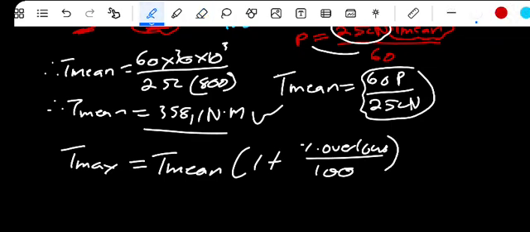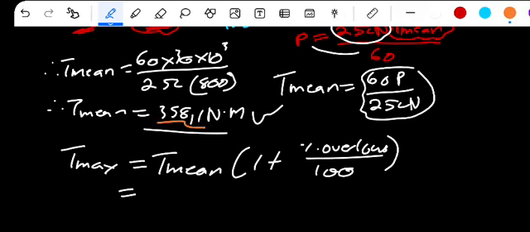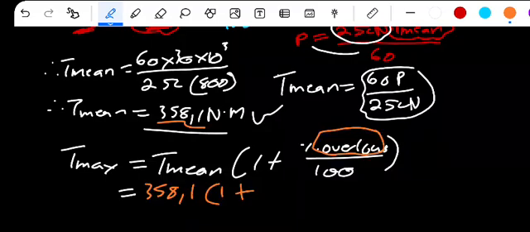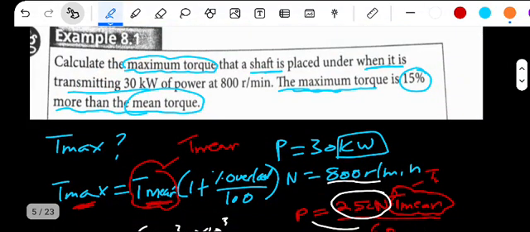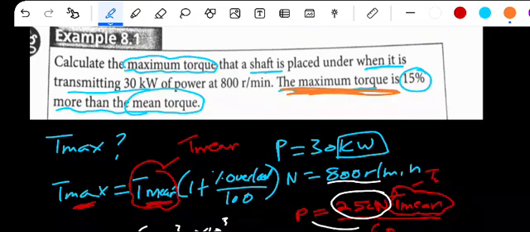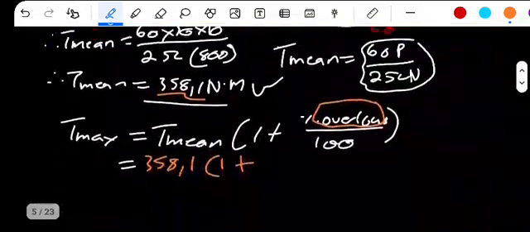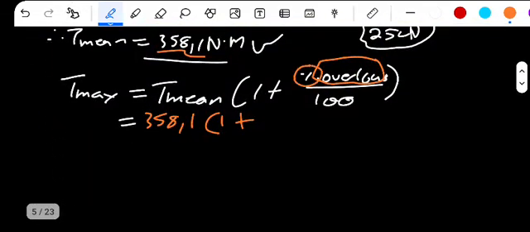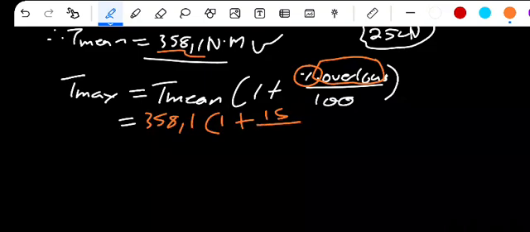T mean there is 358.1 into 1 plus the percentage overload. The maximum torque is 15% more than the mean torque, so this 15% is the one you use. Plug it in as it is, and divide by 100.